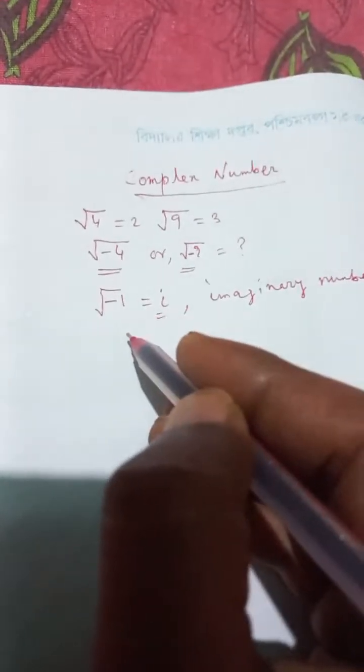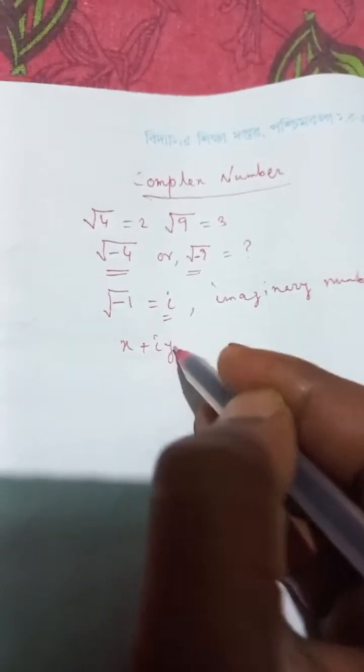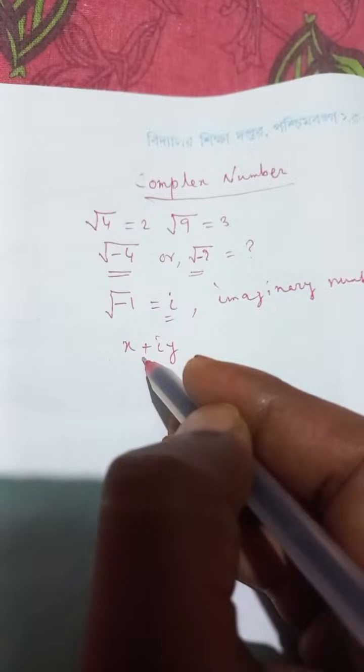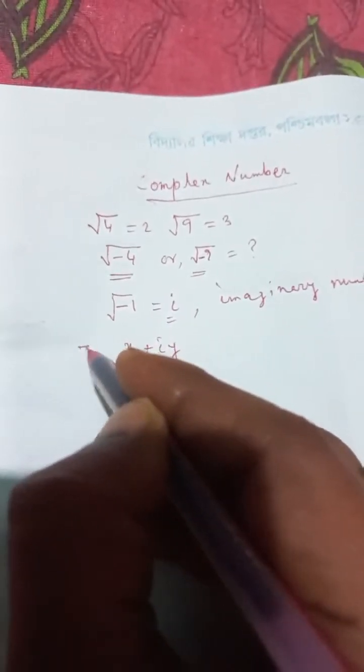They can typically be represented in this way: x plus iota y. So a number can be in the form x plus or minus iota y, and we can denote it by z.